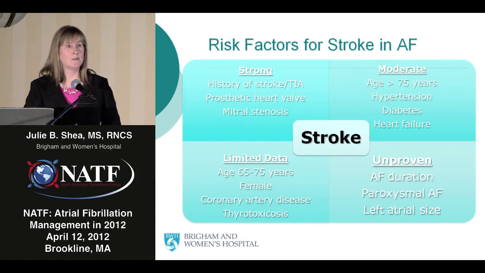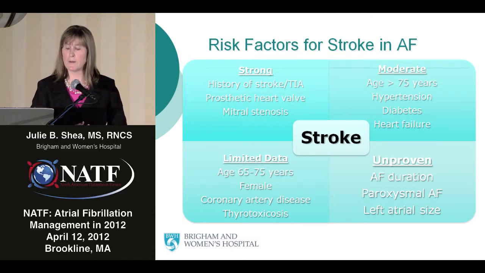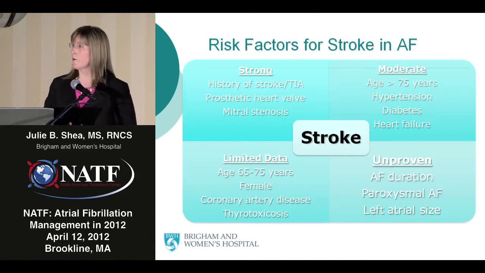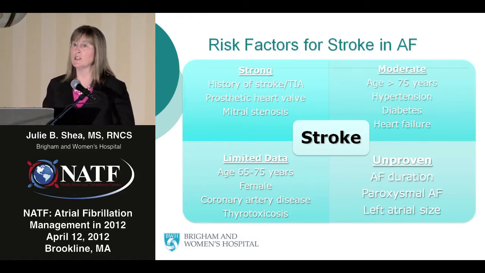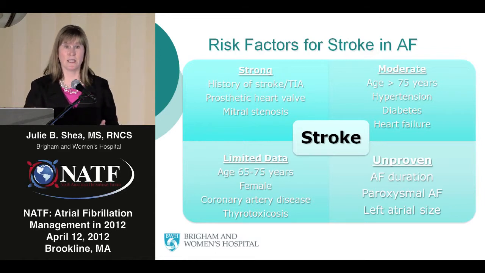There's limited data on patients aged 65 to 75 years. We've talked about females already, that they may have a slightly higher risk of stroke than males. And again, coronary artery disease or thyrotoxicosis. And unproven AF duration. We've always kind of thought about the window of opportunity, so that when a patient goes into atrial fibrillation, we typically give them a 24-hour window before we need to either get them cardioverted or start them on anticoagulation.